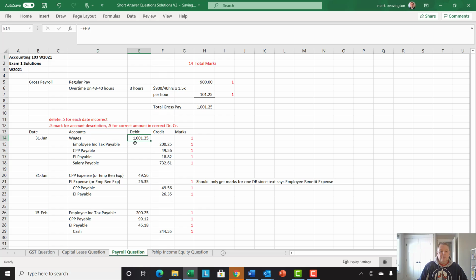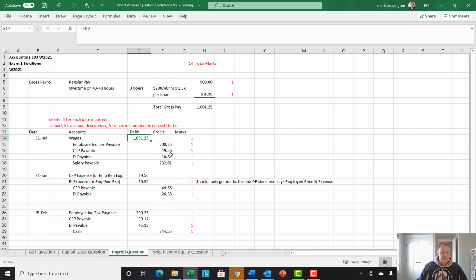So wages of $1,001.25, using the percentages that they give us for tax, CPP, and EI. You should end up with those numbers, and the difference being salary payable, $732.61, whatever it works out to.